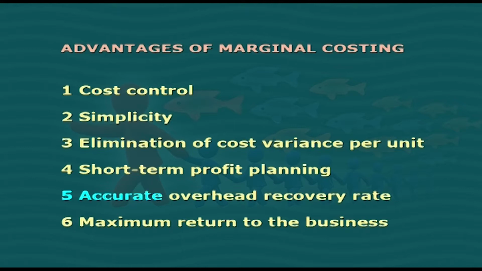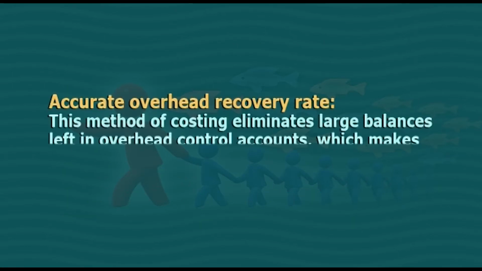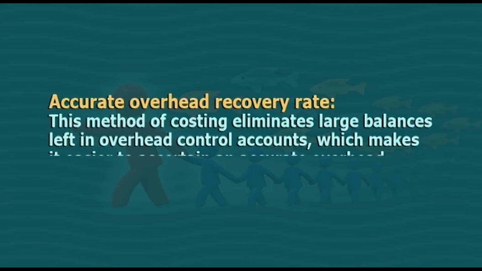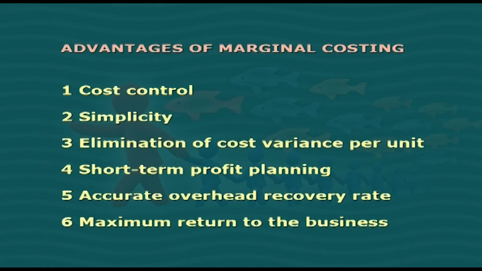Another advantage is accurate overhead recovery rate. Friends, this method of costing eliminates large balances left in the overhead control accounts, which makes it easier to ascertain an accurate overhead recovery rate.